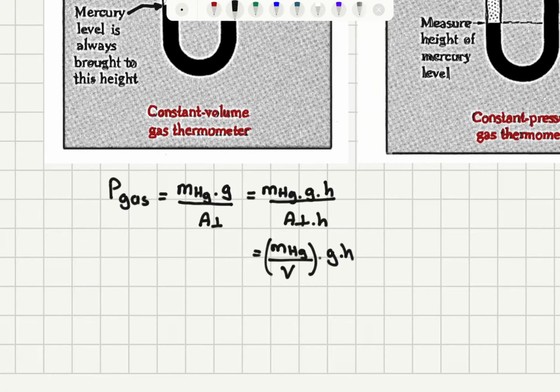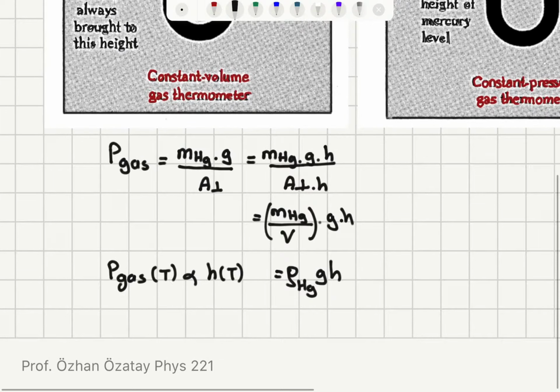Therefore, the pressure of the gas that varies with temperature will be reflected in H varying with temperature. So the pressure of the gas is determined to be rho mercury gH. Therefore, for this thermometer, the thermometric parameter theta is the gas pressure.